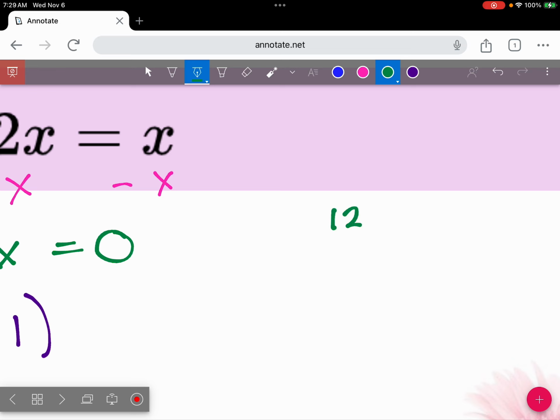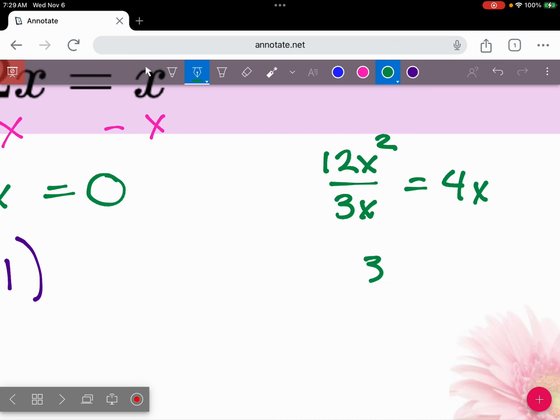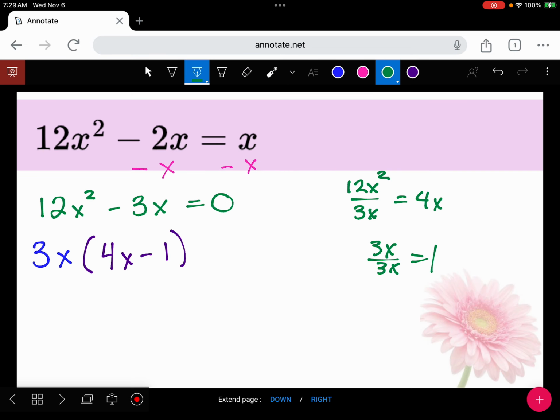So we had our 12x squared divided by 3x. That gives us 4x. And our 3x divided by 3x, that's where we get the 1. And it's just that this sign stayed the same. So don't put 0 in here. We are very rarely going to have zeros inside quadratics.